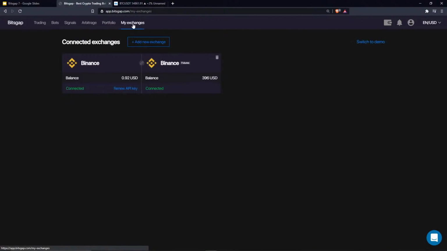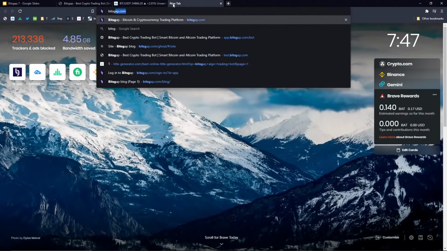You go to my exchanges, and you see I have Binance here and Binance Futures. In the help desk center on Bitsgap, we have a step-by-step explanation of how to configure the API to trade Binance futures. Maybe I can quickly find it for you guys.